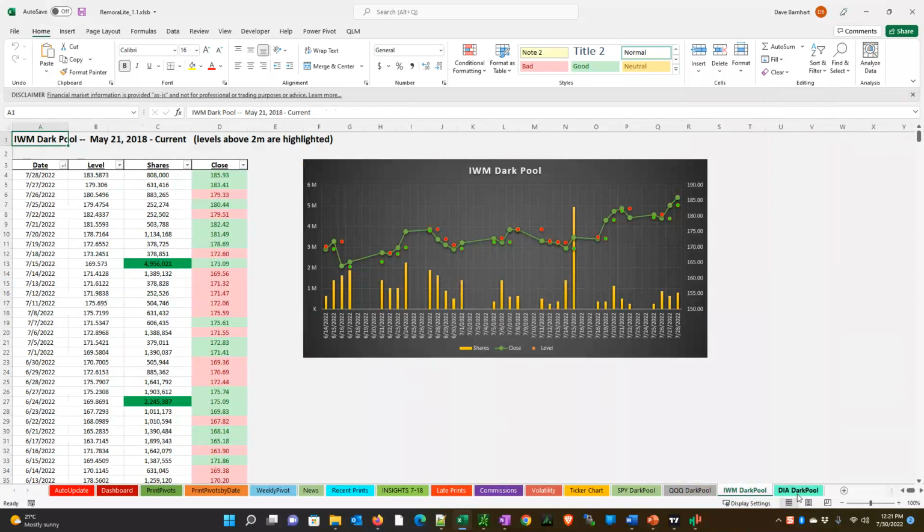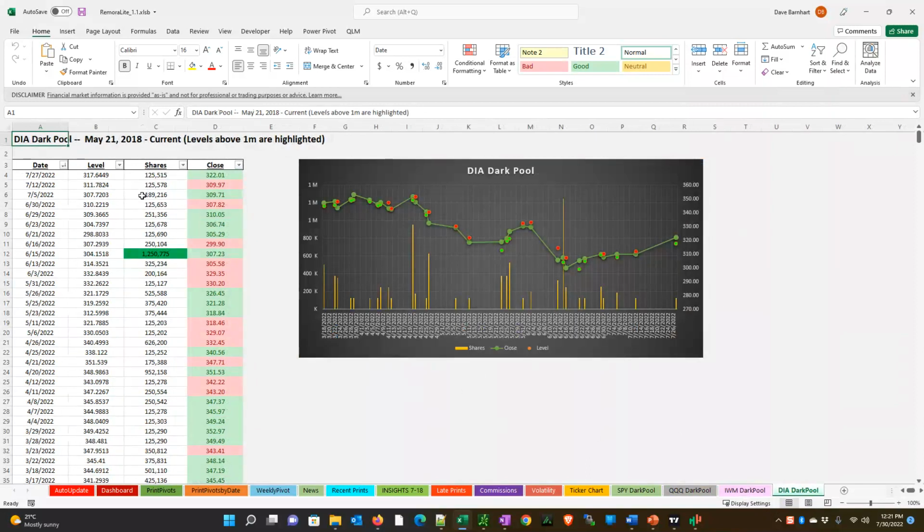And then we have the diamonds. The diamonds don't get many. Anything over 1 million is highlighted. If they get any at all, usually it might be 125,000, which is really the smallest that they'll get. But notice the dates, right? July 27th and then July 12th. So there was nothing for 2 weeks on the diamonds. So we can see that here.